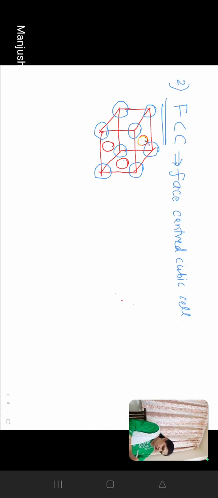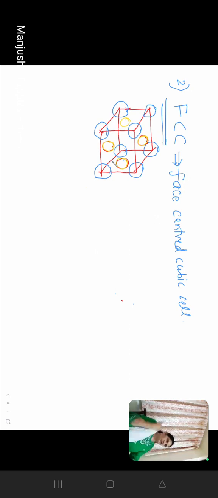So I have, okay, I will write with different colors. Yellow. Can you see yellow part of it? Yes, ma'am. Now see, one face is above, then side below, and then one is back and one is... Means there are 14 atoms.